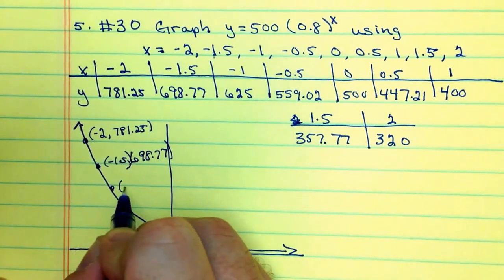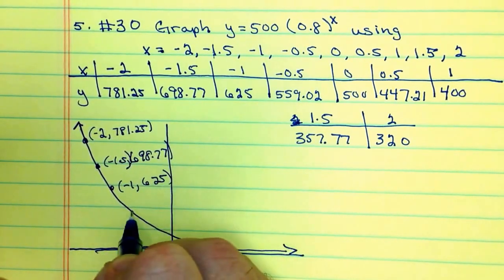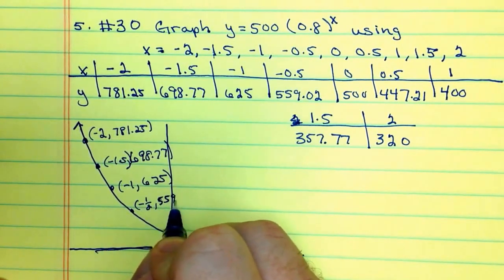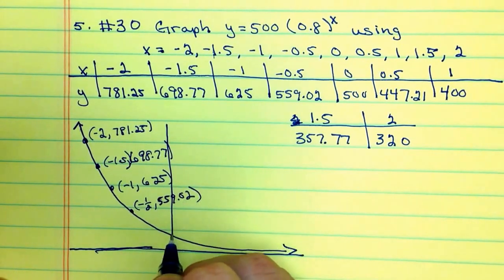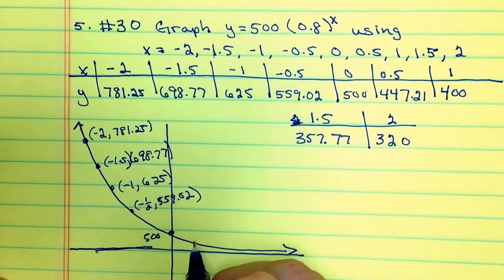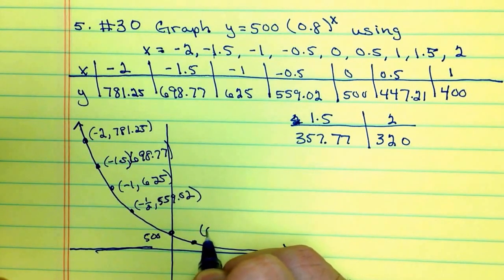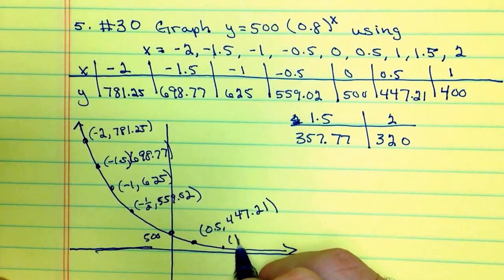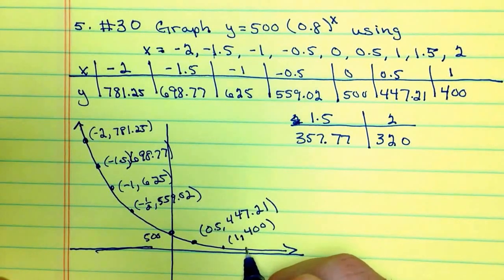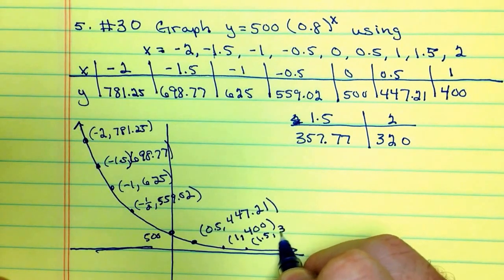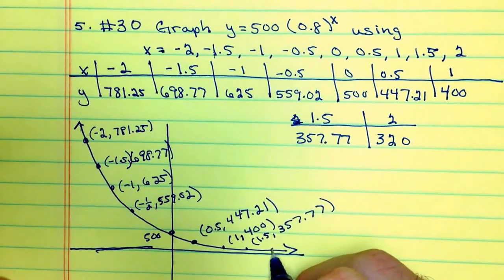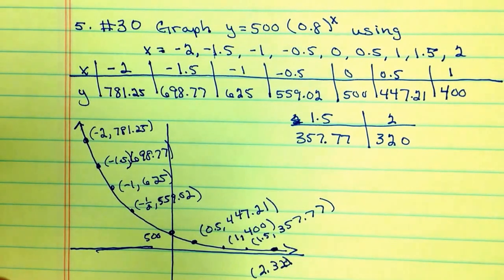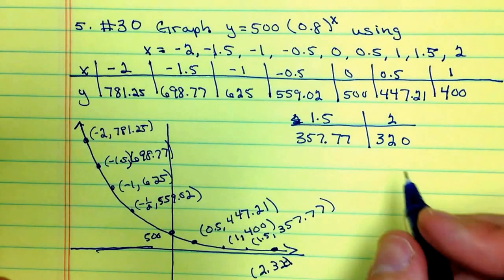Let's see, -1, 625, minus a half, 559.02. At 0, we have 500. Then at 0.5, 447.21, 1, 400, 1.5, 357.77, and then finally I'll put this one right here, 2, 320. Alright, so we've graphed it. That was easy enough. So that's all part A.